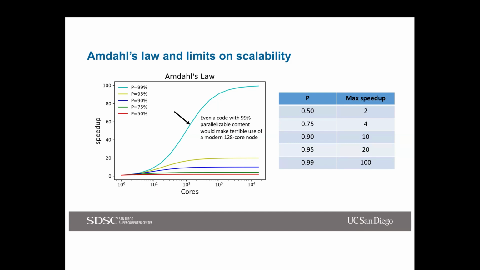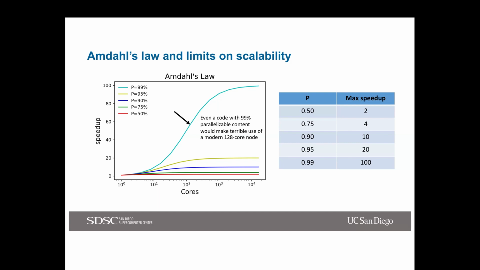If you're taking this application from, say, your laptop to a system like Expanse with 128 cores per node, you might want to run a given problem that you've run before on your laptop, and then see how it scales as you increase the number of cores, whether that's the number of processes or the number of threads, and see what type of speed up you're getting.